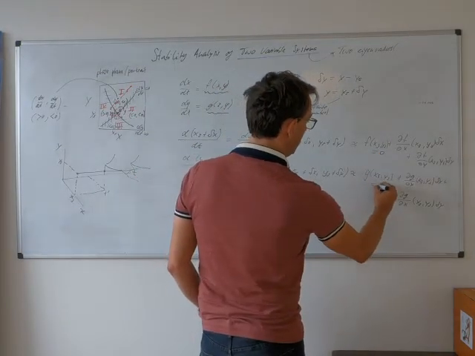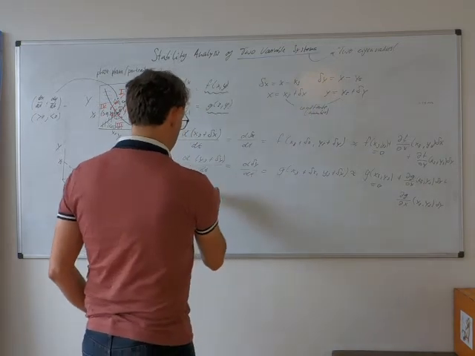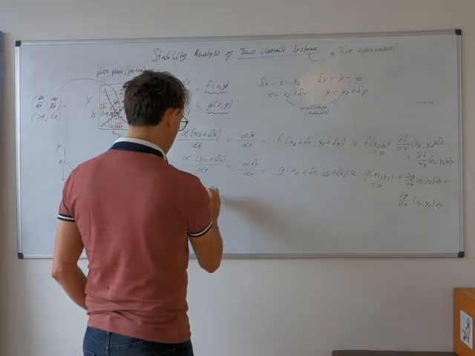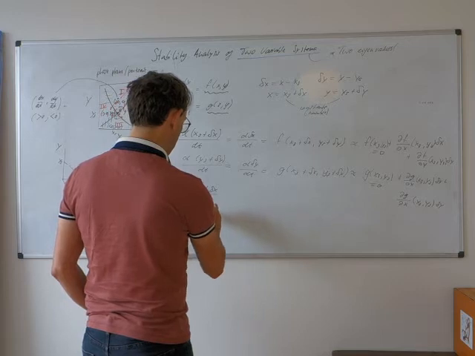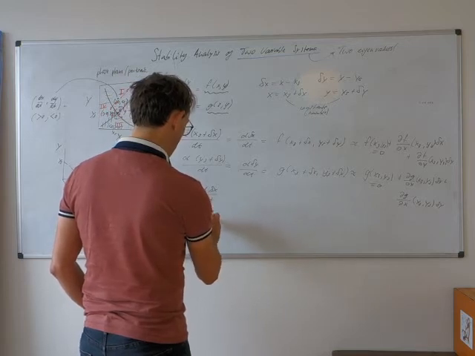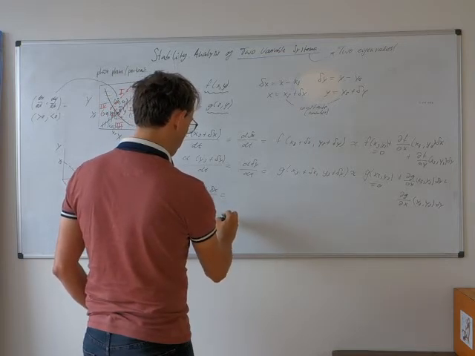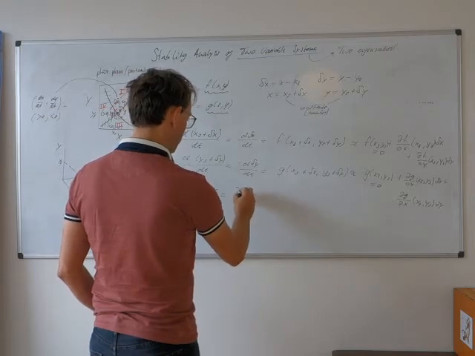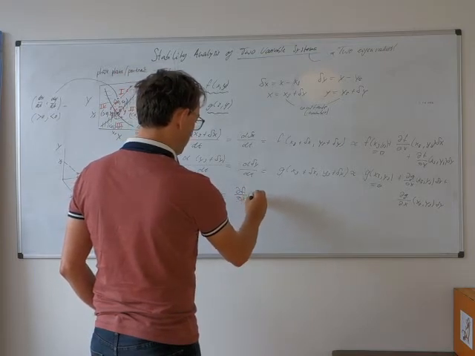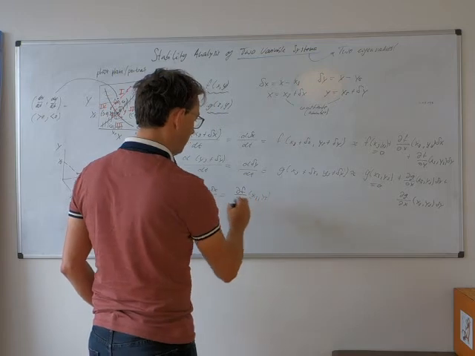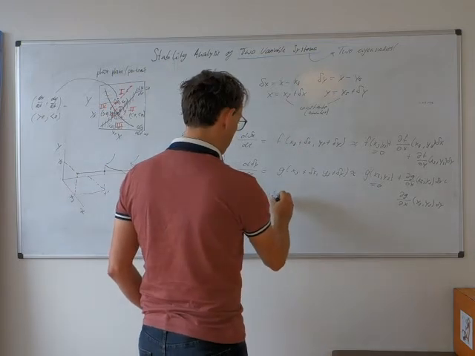And we know that steady states are zero, so we end up with a description that looks like this. So we have the slopes evaluated at the steady state of interest.